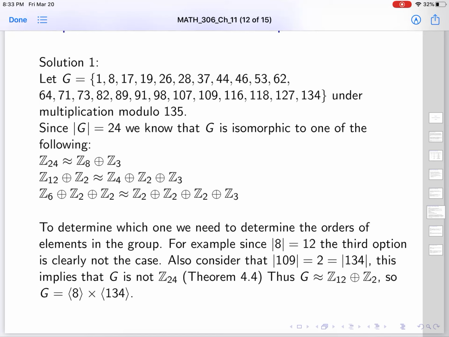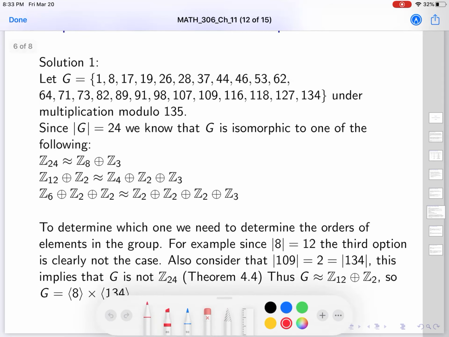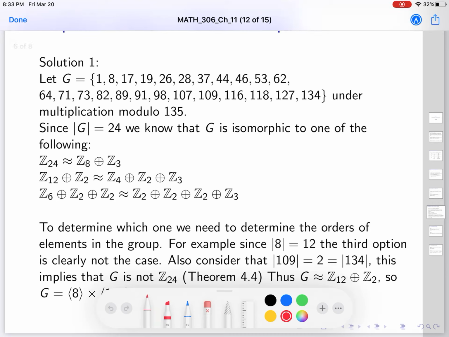But really we have 3 different options that we're looking at, right? We have that it could be this, this, or this. We have 3 different options of what it could be isomorphic to. To determine which one, we need to determine the orders of elements in the groups.